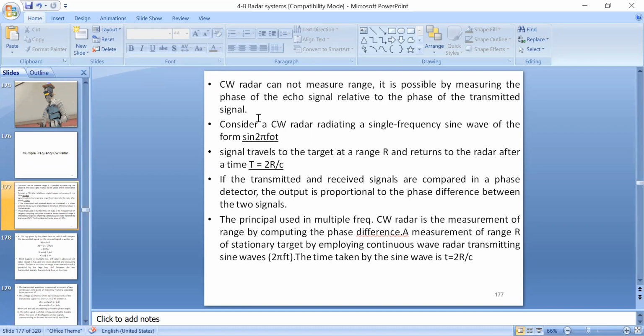That means they transmit more than one frequency using the continuous wave radar in order to measure the range. By transmitting more than one frequency, they observe the relative phase difference between the two signals, and by using that phase difference, they can measure the range of the moving target. The difference here is phase modulation, whereas in the last class it was frequency modulation.